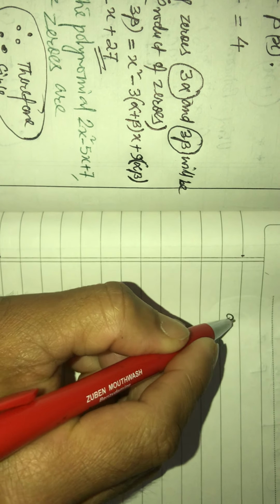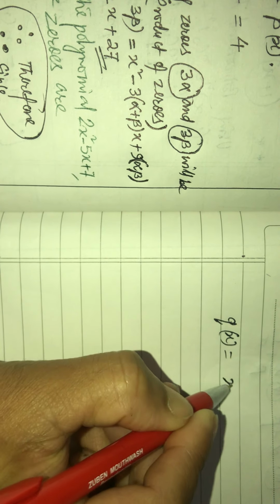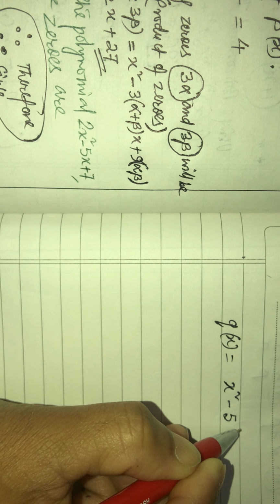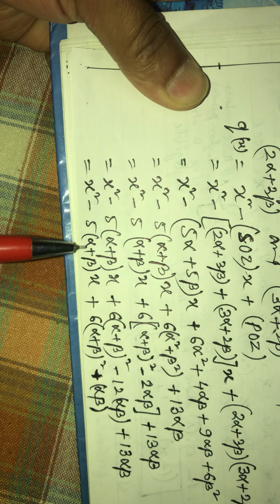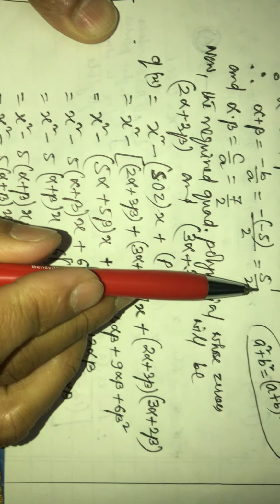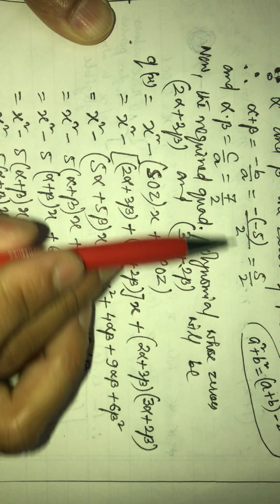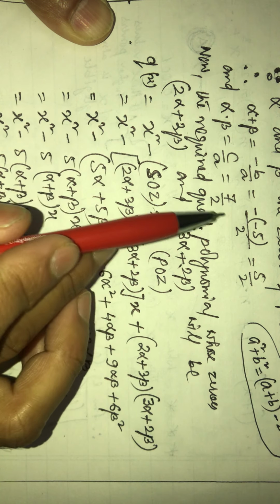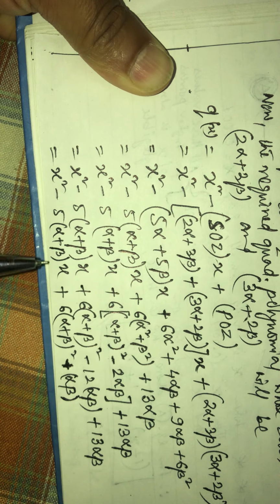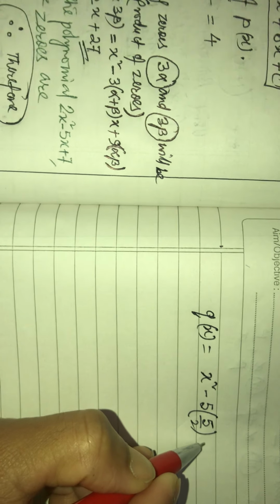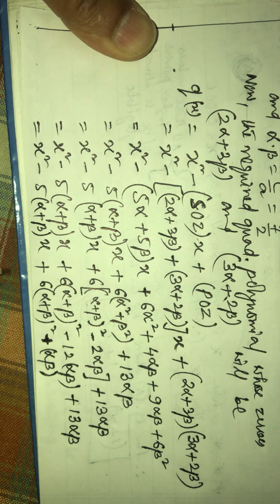So it is x square minus 5, bracket. Remember, what was that? 5 alpha plus beta. Alpha plus beta, if you see here, was 5 by 2 and alpha into beta was 7 by 2. So this we will substitute here. Alpha plus beta was 5 by 2, so I'll keep 5 by 2 in the bracket.